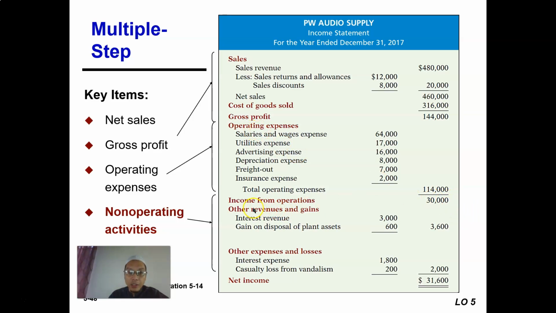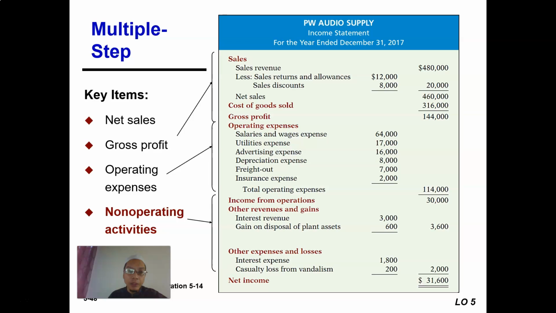After the income from operation, we also have other revenues and other expenses. These come from non-operating activities. For example, interest revenue. The company may invest or put some money in, let's say, a long-term deposit in a bank, and they obtain interest from that.